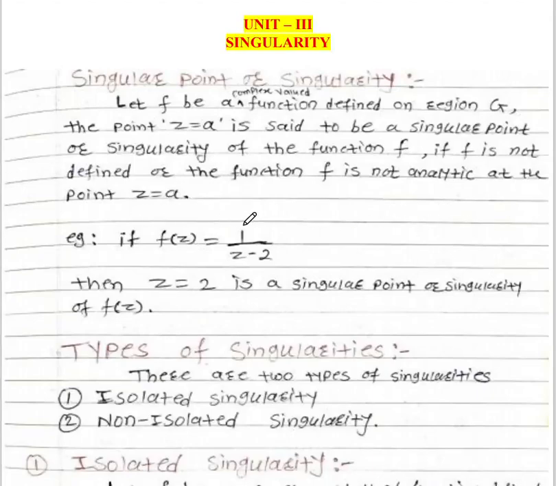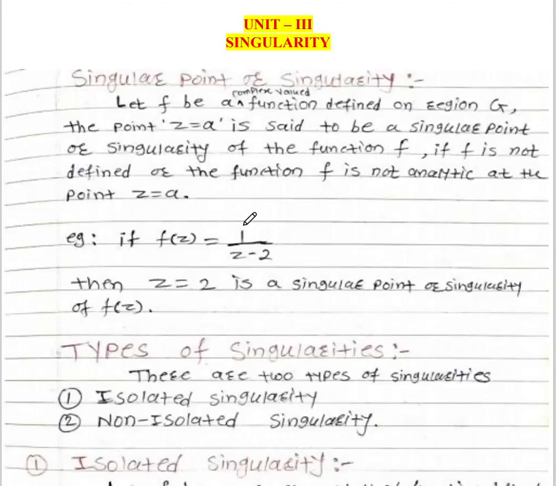Okay. If the given function f of z is not analytic or is not defined at a particular point z equal to a, then we can say that that point is a singular point, or there is a singularity.